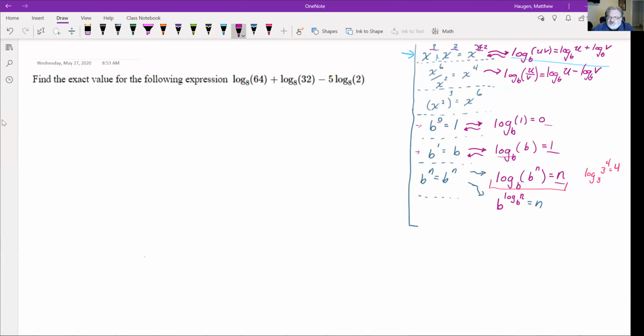So we could use that here if this darn 5 wasn't in the way. We'd have to figure out what to do with that 5 first, but we'll get to that in a second. And again, these are just the same argument, logarithmic argument, exponential argument.